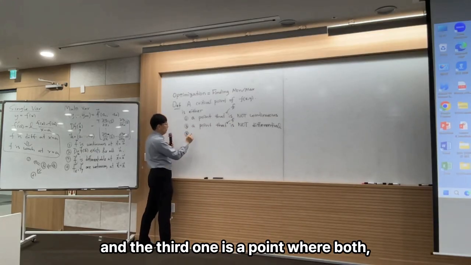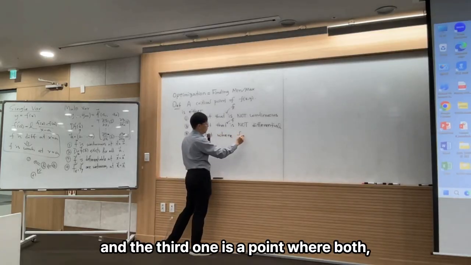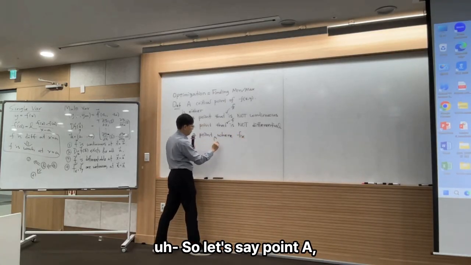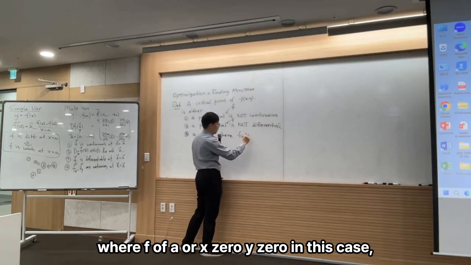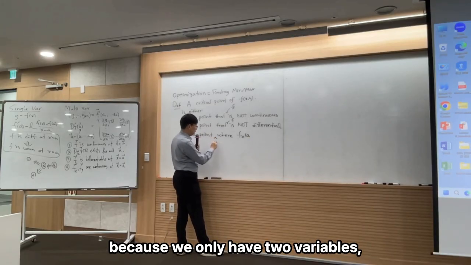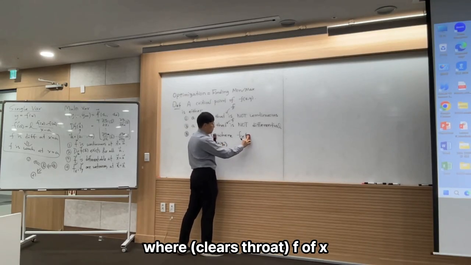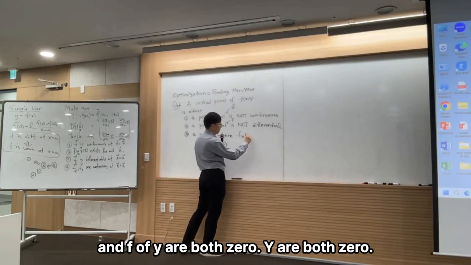And the third one is a point A, or (x0, y0) in this case because we only have two variables, where f_x and f_y are both 0.